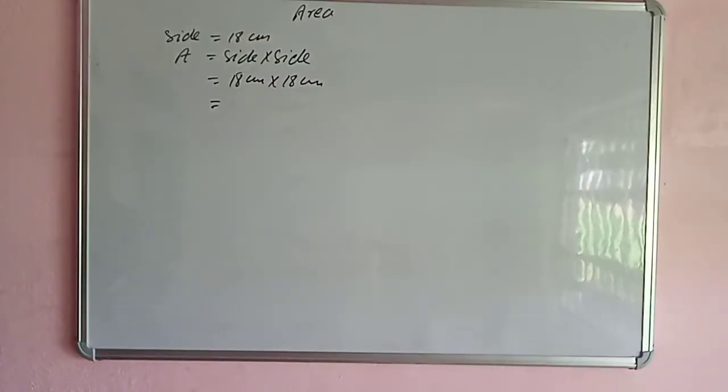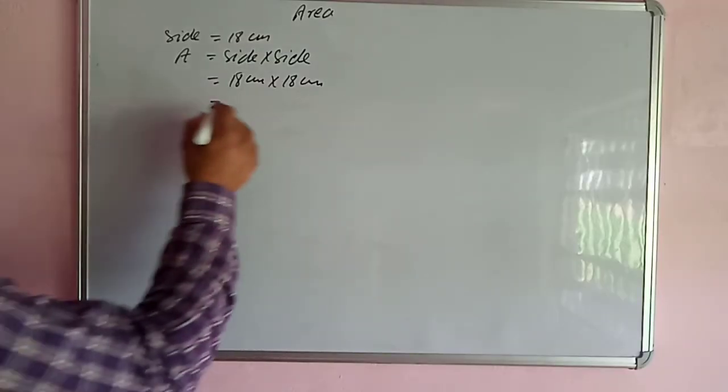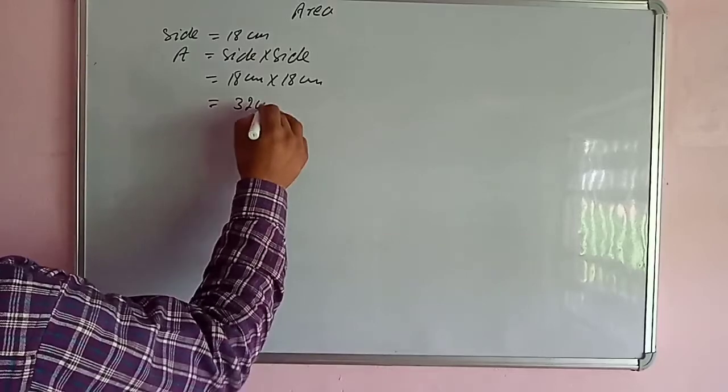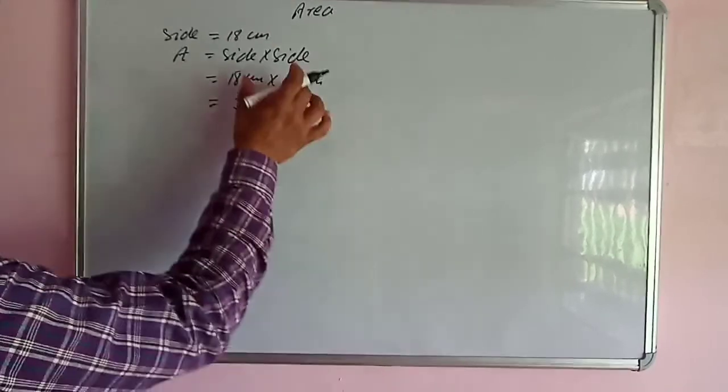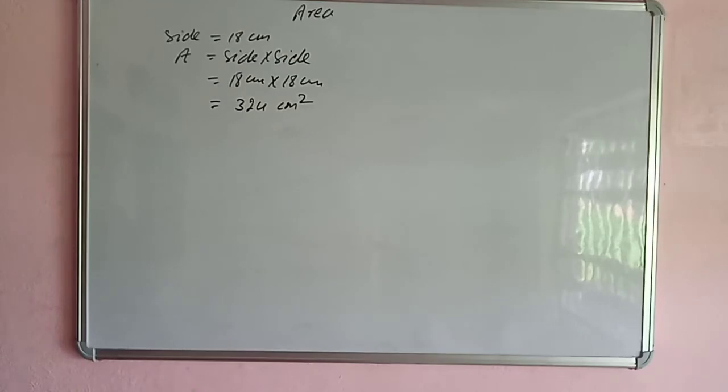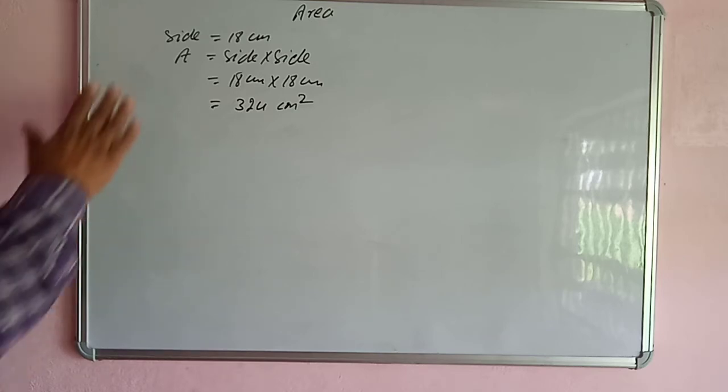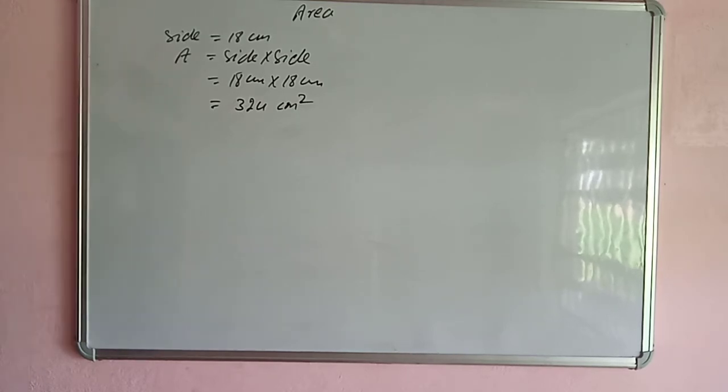When we multiply 18 with 18, we get 324. The standard unit of area is square, and centimeter is given, so it is 324 square centimeter. In this way we can find the area of a square.